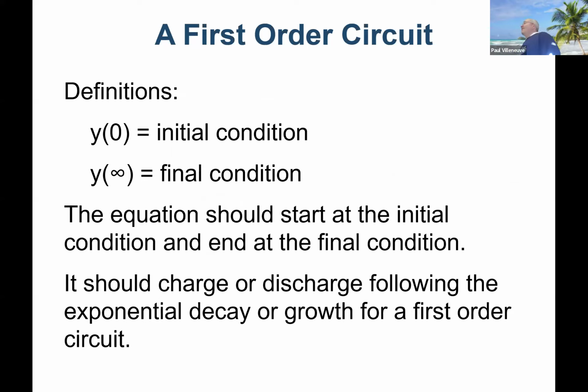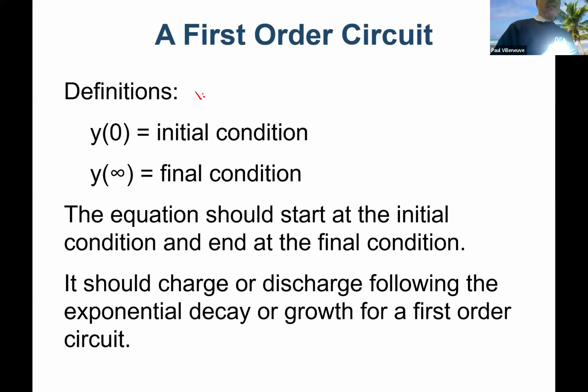And then your y of infinity is going to be your final condition. That's what it means when we get to steady state. If enough time has elapsed, which theoretically means an infinite amount of time, then you achieve your final condition.